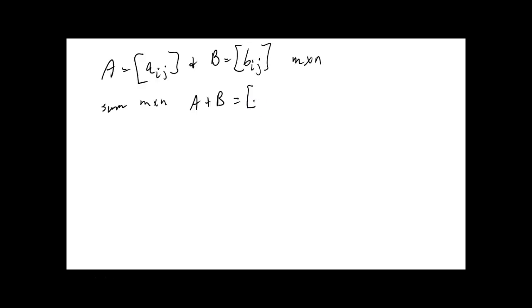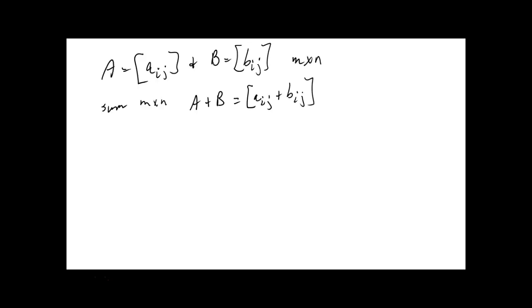And that sum of A plus B would then be correspondingly Aij plus Bij. In other words, you add identical positioning, not the identical numbers, but positioning. A11 is added to B11. A12 is added to B12. A13, all the way down.